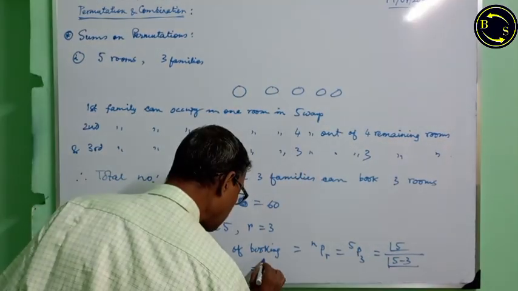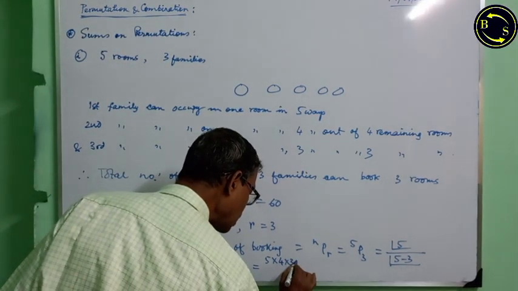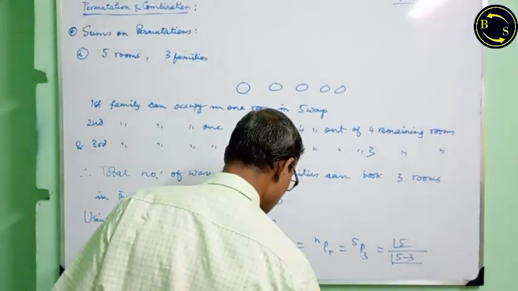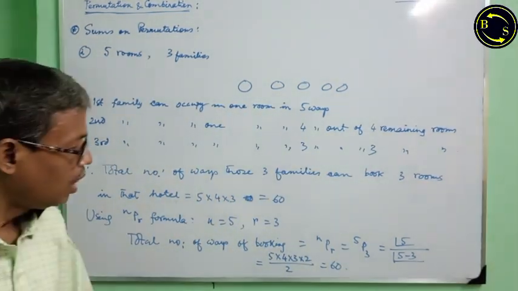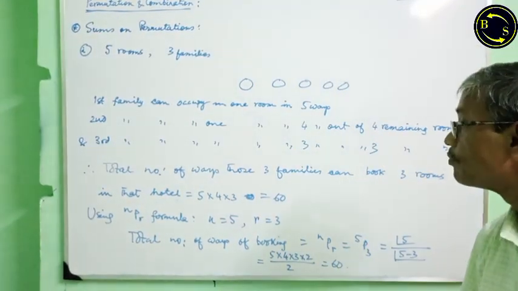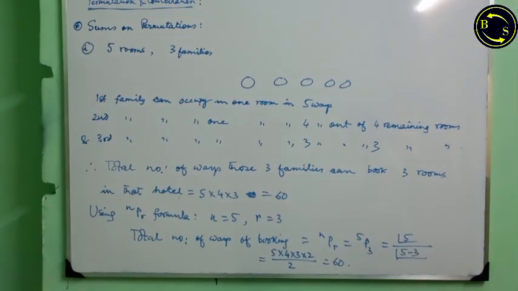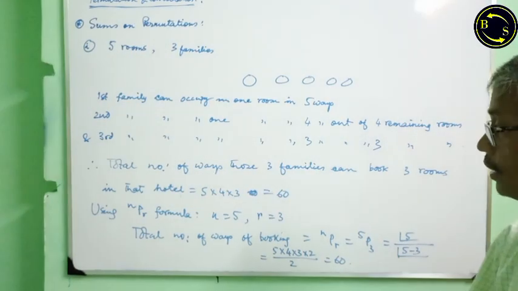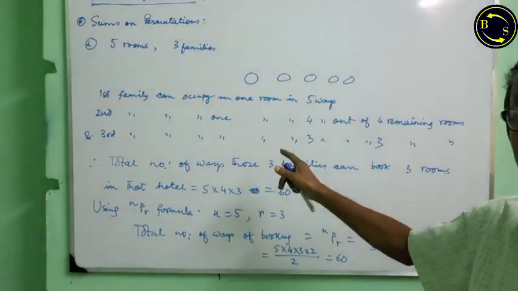And if we calculate, it will be 5 into 4 into 3 into 2 by 2. Now, my suggestion to students, learners, you can solve any of these two ways. When the problem will be a bit complicated, use the formula NPR. Otherwise, using the statement, you can solve this.